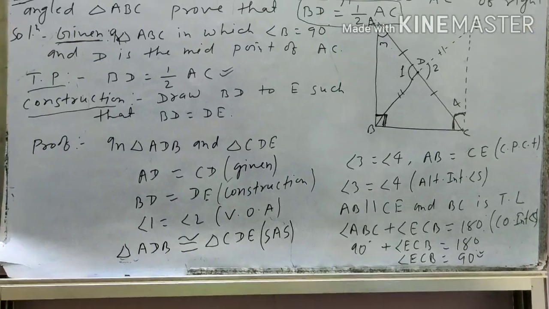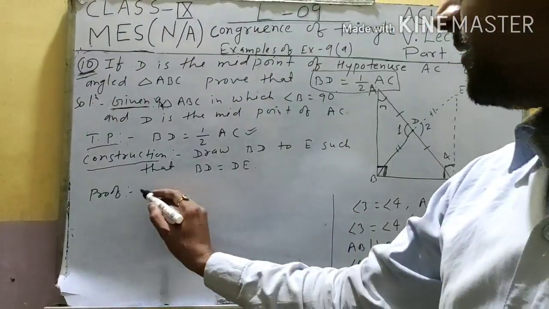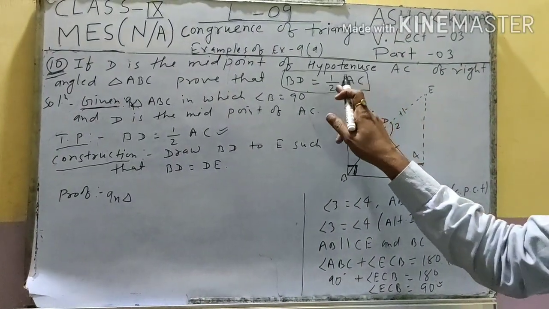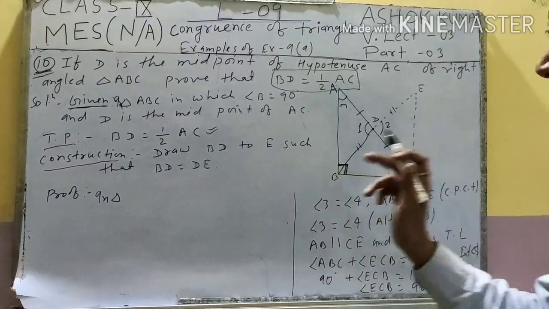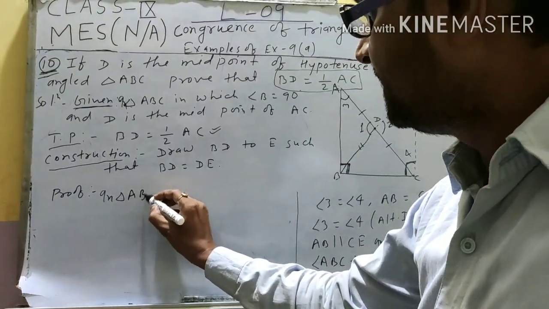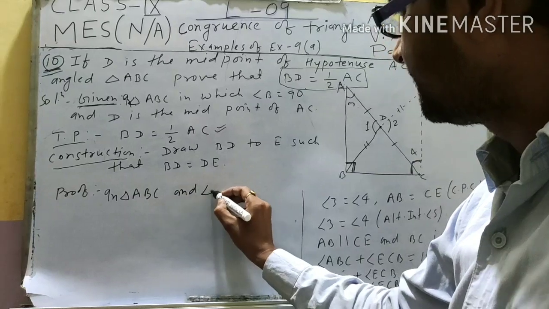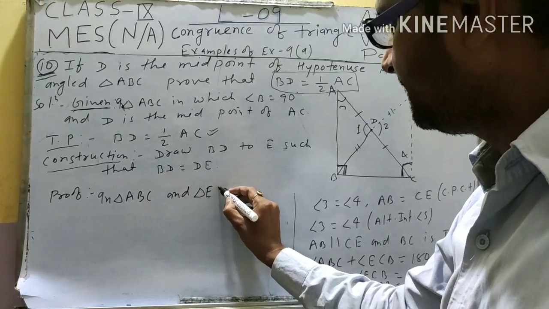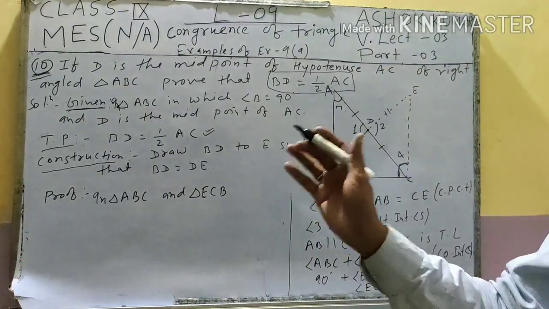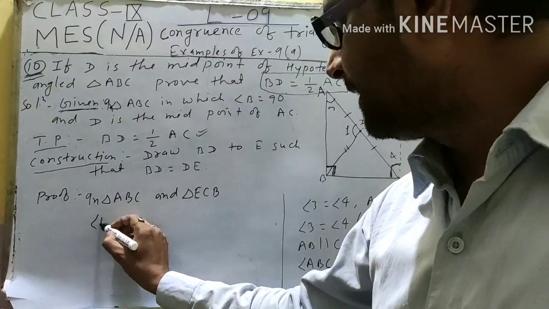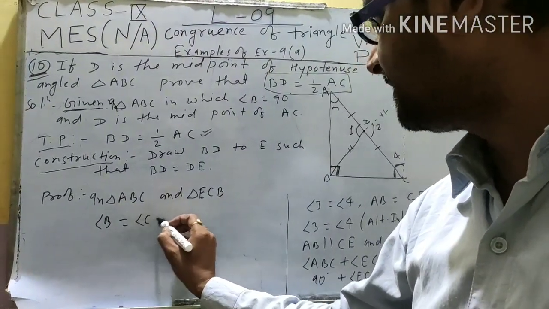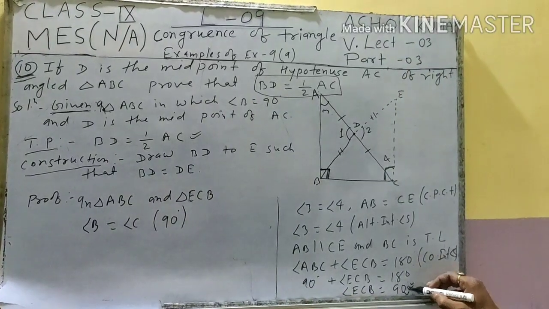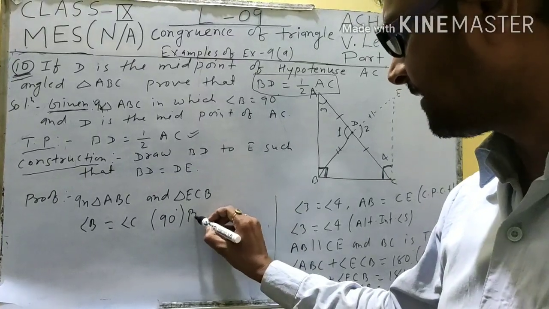Okay students, then after, here in triangle, again take another triangle. In triangle ABC and triangle ECB, in these two triangles, angle B is equal to angle C, 90 degrees. Just proved here.